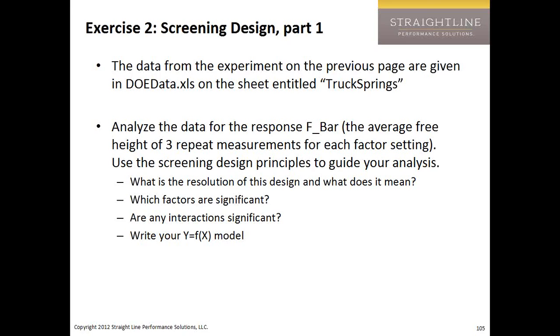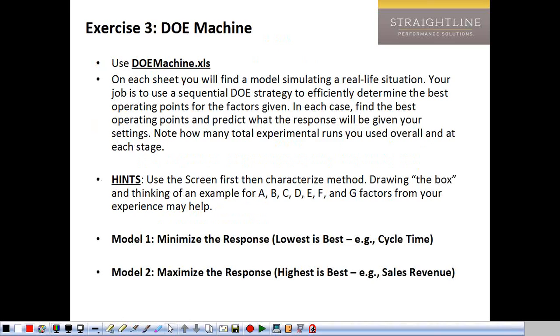It's a little bit different, but in the DOE Machine, which is the exercise that's on 106, which you'll get in your homework as well, it says on each sheet you'll find a model that simulates a real-life situation. Your job is to use some sort of strategy to efficiently determine the best operating points for factors given.